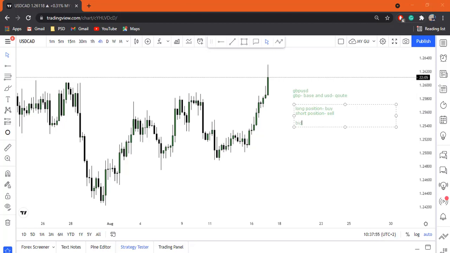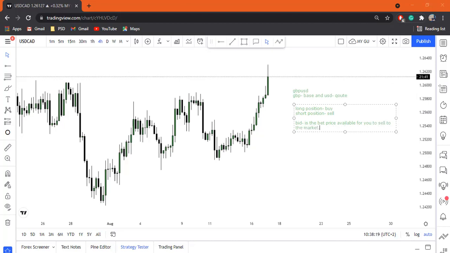So bid is the best price available for you to sell to the market.